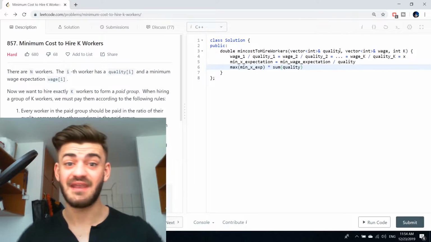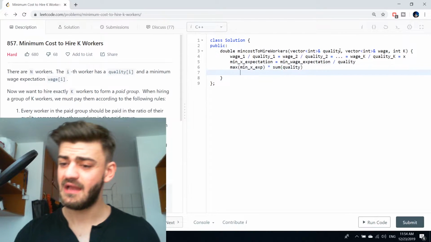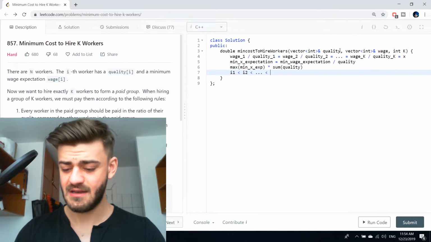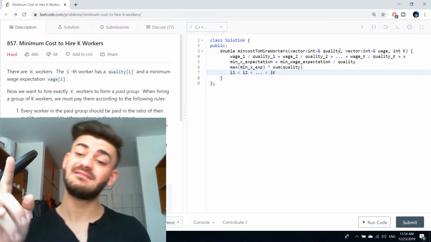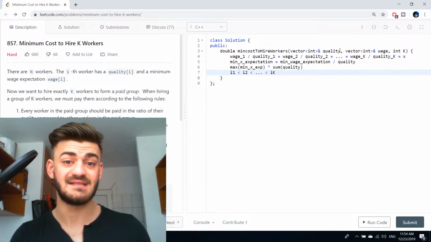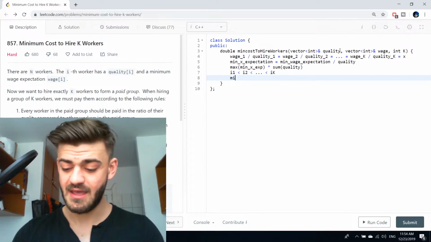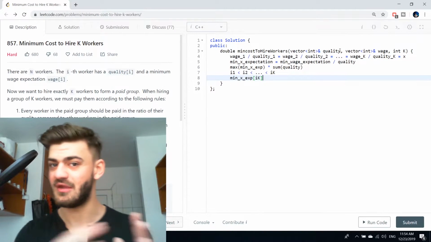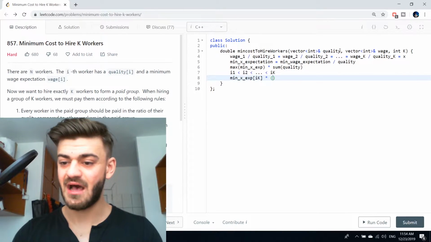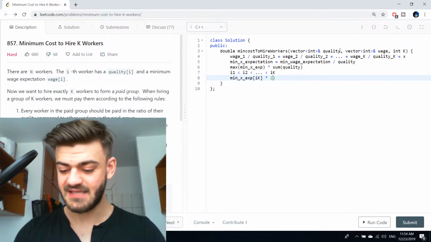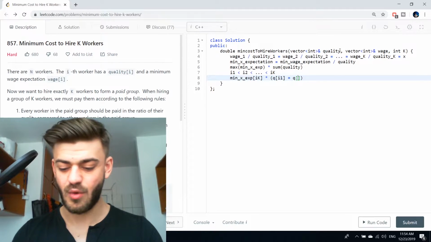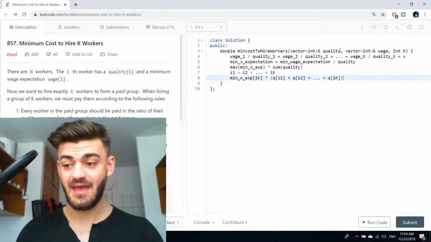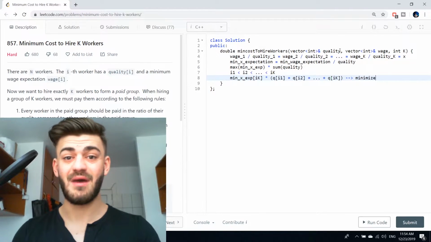Now, if I do this and afterwards I choose k workers, let's say their indexes are I1 less than I2 less than ... less than ik, I know that the maximum between all those minimum X expectations is going to be the minimum X expectation of ik, because we sorted them increasingly, times the sum of all their qualities, so quality of I1 plus quality of I2 plus ... plus quality of ik. And I need to minimize this product.